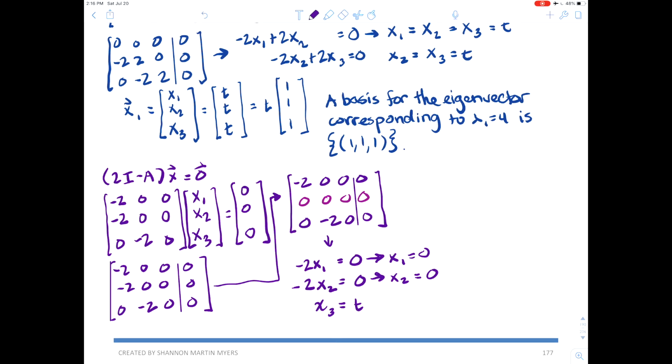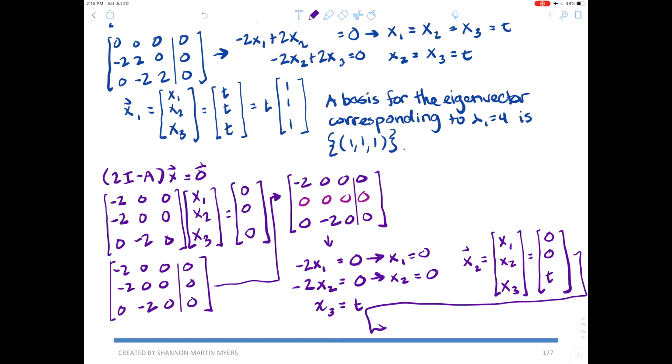So what do we have? Our x2 vector is what? Well, you'd have x1, x2, and x3, which would give us 0, 0, and t, right? And that in turn is going to give us t times 0, 0, 1. But you know what? We're only going to get 2 eigenvectors, right?